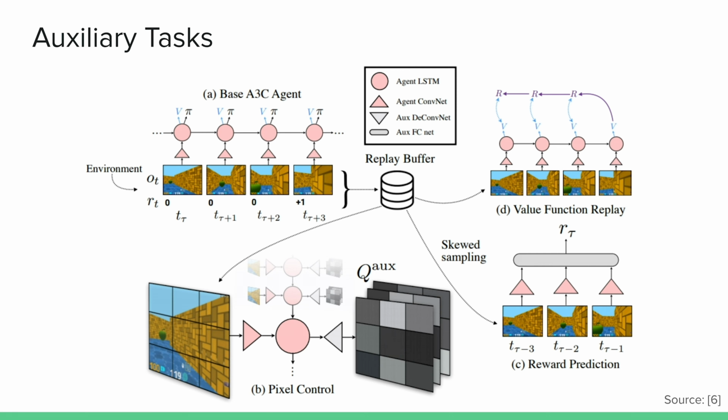So instead of shaping the reward, we can also just add new tasks. Some of these auxiliary tasks, as they call them, can be supervised with what we design to give additional rewards, or they can be unsupervised.